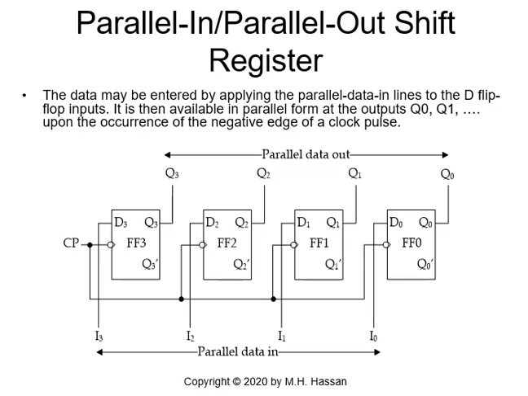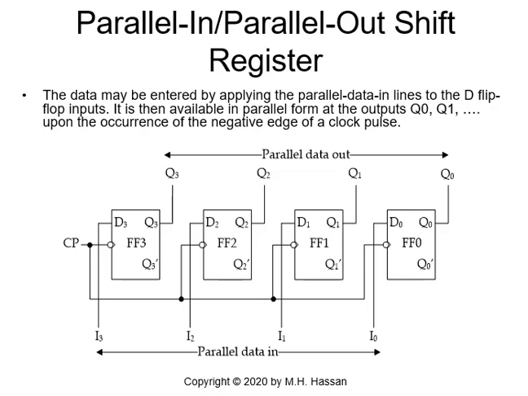Now, for the parallel in, parallel out shift register, the data may be entered by applying parallel data lines to the D flip-flop inputs. It is then available in parallel from the outputs Q0, Q1, and Q2. So once you have the data on the input and you send one clock pulse, the data will be launched into the flip-flops.